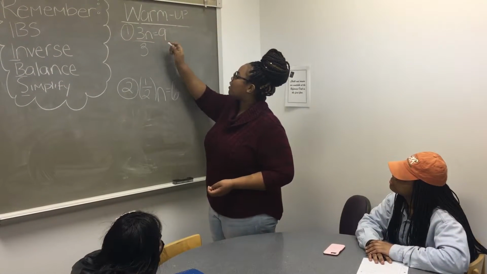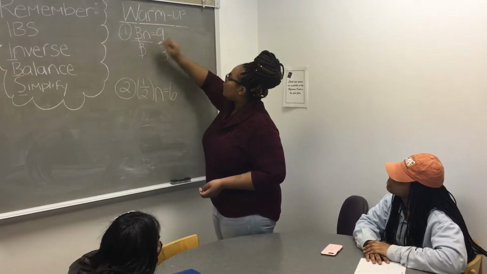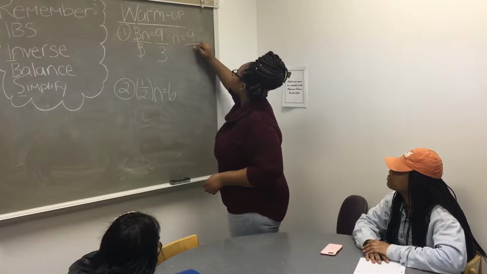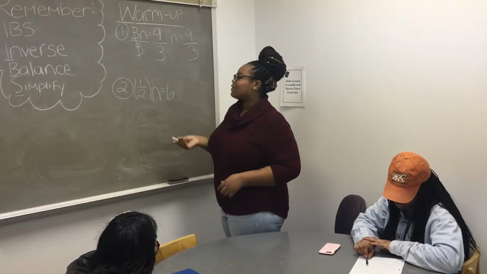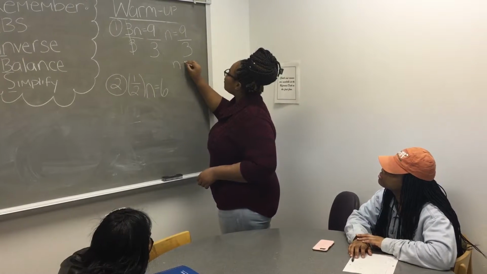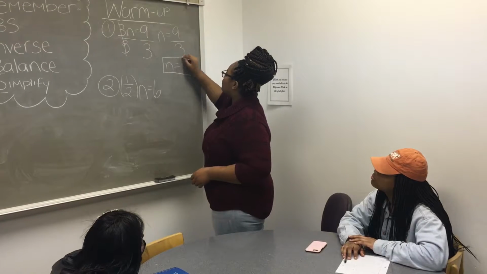Whatever we do to one side, we're going to do to the other side. The 3's are going to cancel out, and what's going to be left is n equals 9 over 3. So our last step, which is simplify: 9 over 3 is going to equal 3. So this is our answer for the first equation.